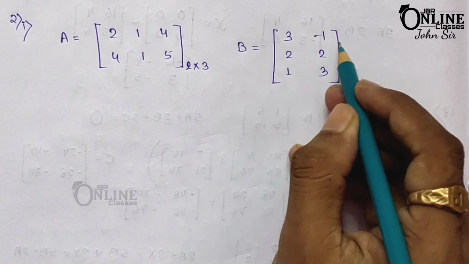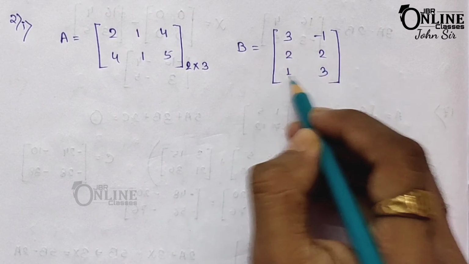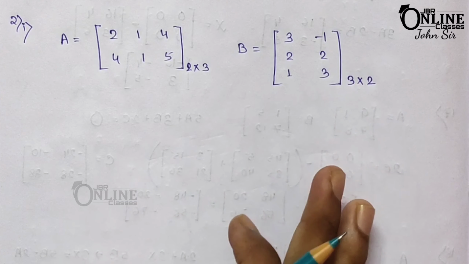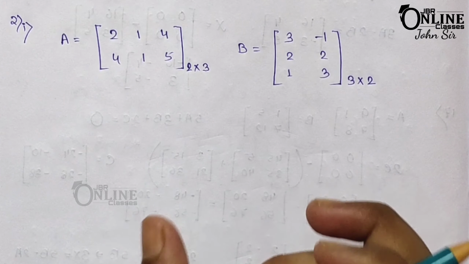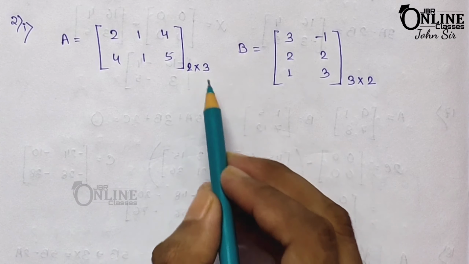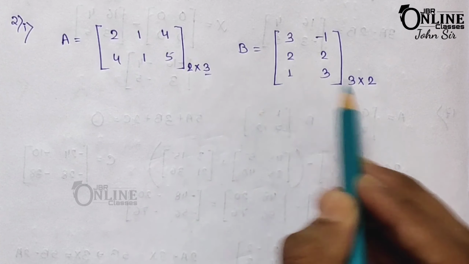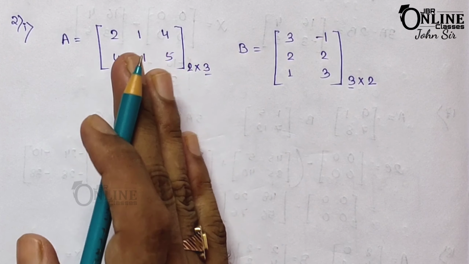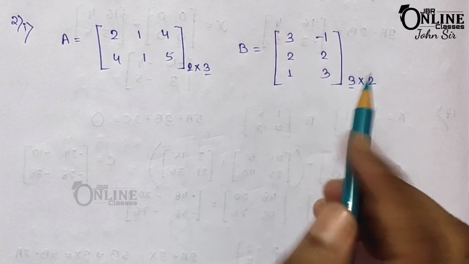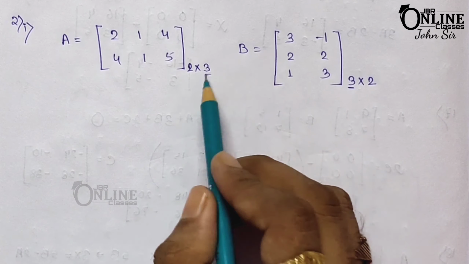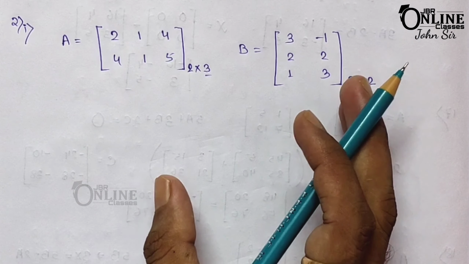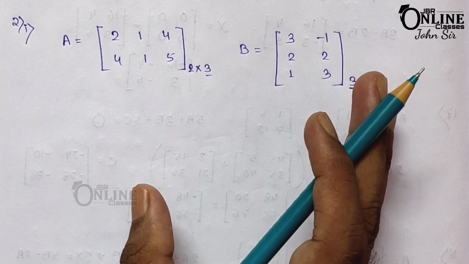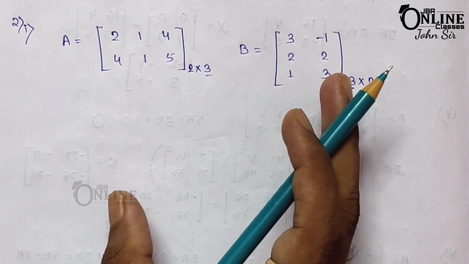In that case, number of rows equals 3 and number of columns equals 2. So first thing you have to verify is that the number of columns of the first matrix and the number of rows of the second matrix will always be the same. If these two are the same, then you can multiply these two matrices.